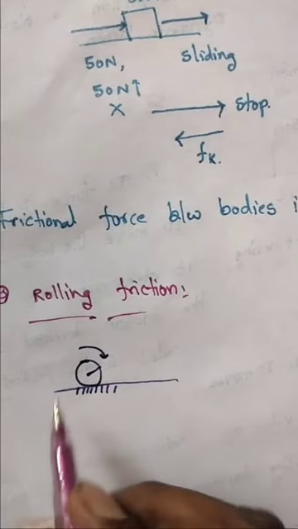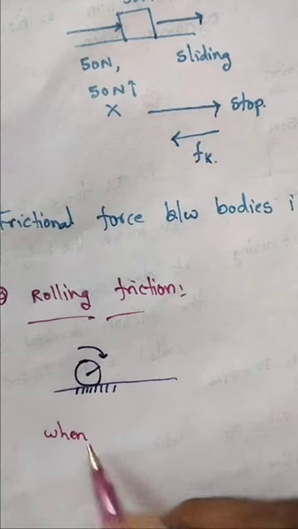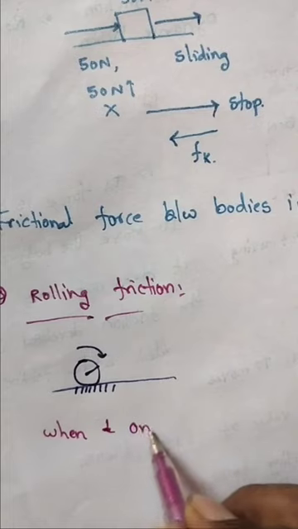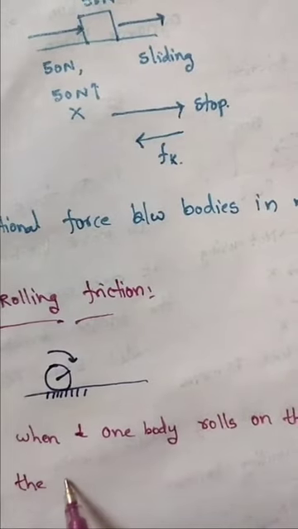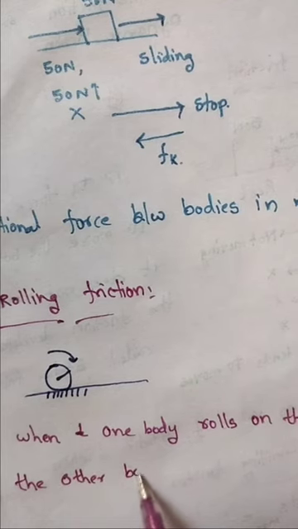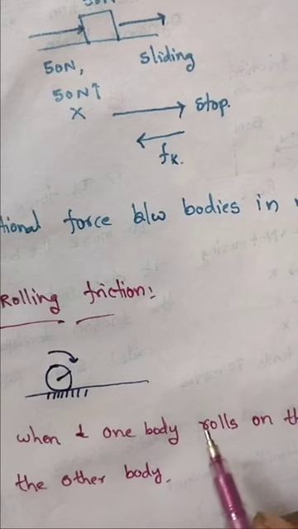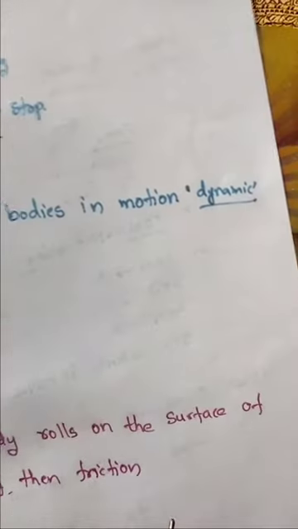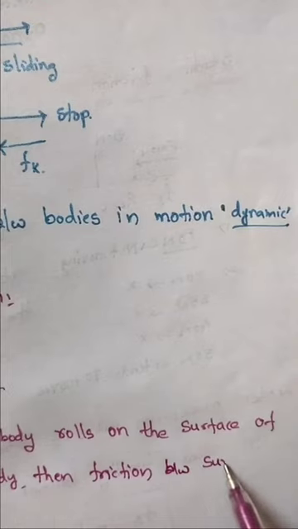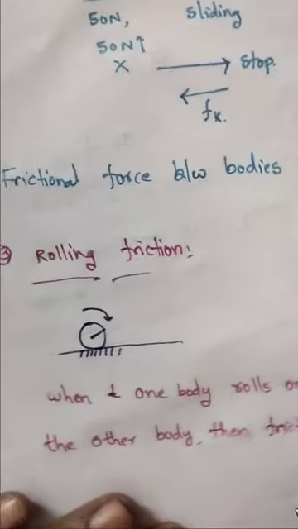Definition: when one body rolls on the surface of the other body, then the friction between the surfaces is called rolling friction.